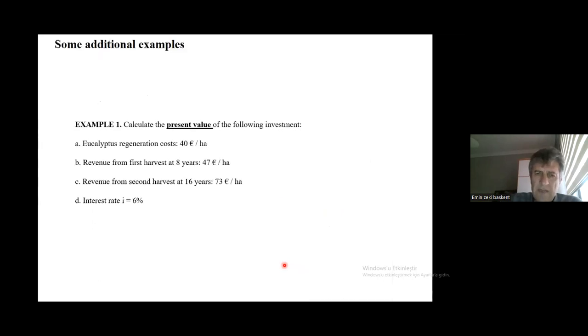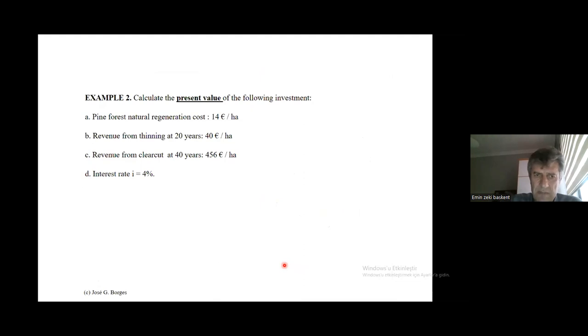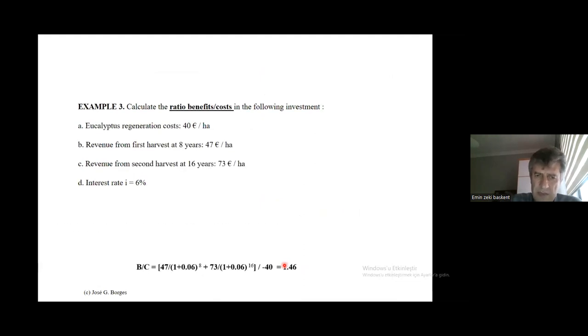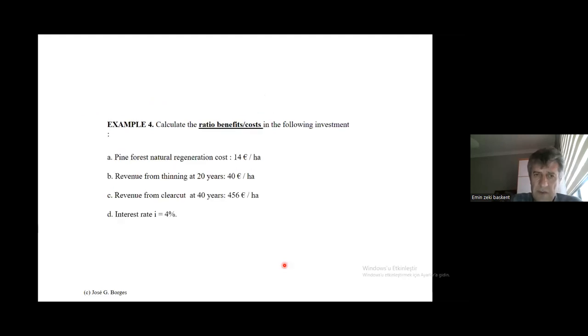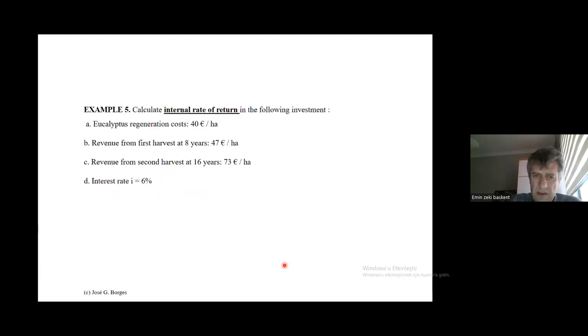There are some additional examples that you can see, and I have sent this slide to you. You can take a look at all these additional examples, very simple examples, of how the financial criteria are calculated: net present value, soil expectation value, benefit cost ratio, internal rate of return.